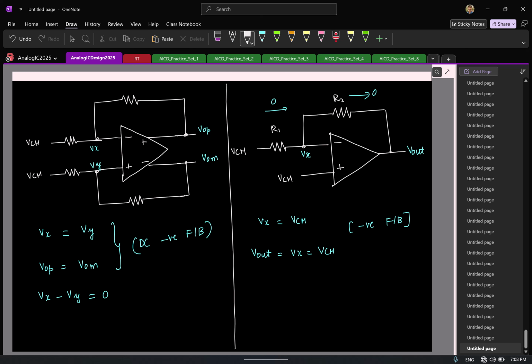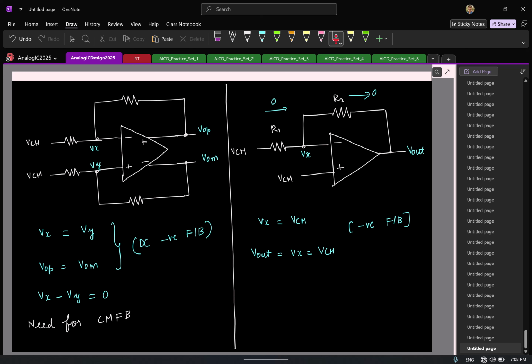Another feedback for common mode signals, and that is called common mode feedback. So this alone is not sufficient because this works only on differential signals. Now we have two voltages to worry about.